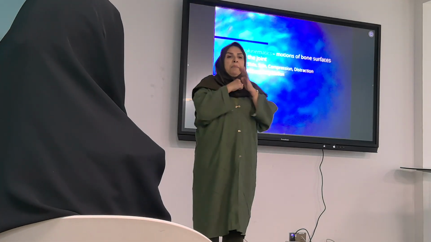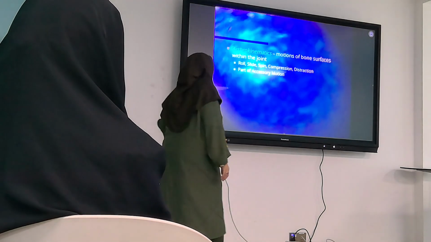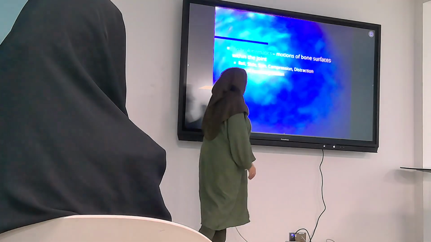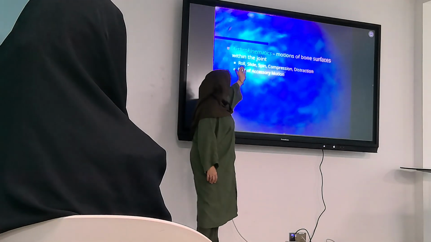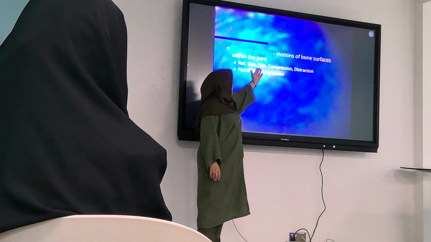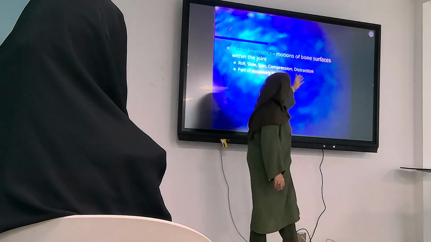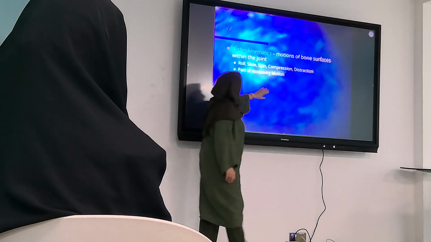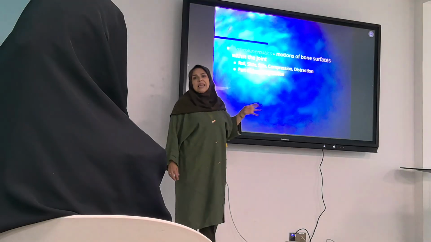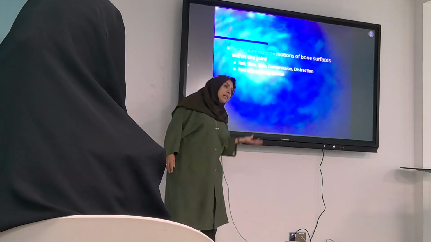Movement inside the joint, between the bones, not regarding the lever arm and providing the momentum of the rotation. So there are different types of arthrokinematics, like rolling, sliding, spin, compression, and distraction. All of them are named as accessory movement or joint plane movement.